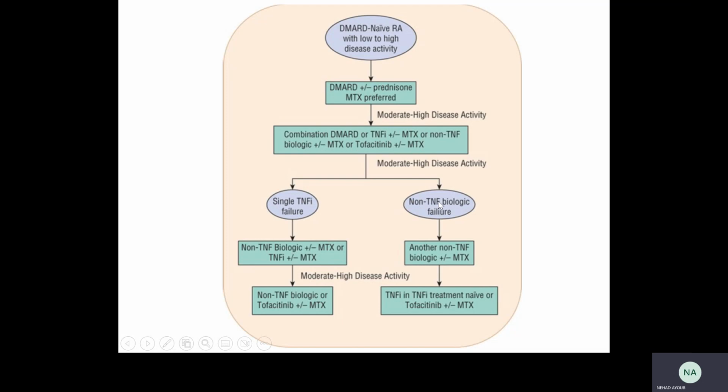The opposite here is right. فإذا أنا عم بعطي non-TNF inhibitor, I can try another non-TNF inhibitor or TNF inhibitor مع الميثوتريكسات أو التوفاستاتين. Okay, so here after trying non-TNF inhibitors, you can go to a TNF inhibitor أو التوفاستاتين with methotrexate. So it depends on what we have been using to start with.